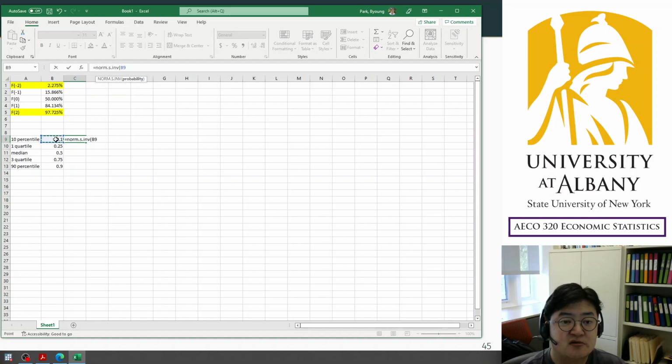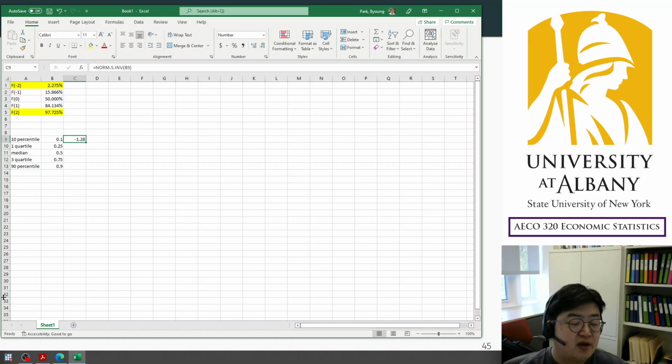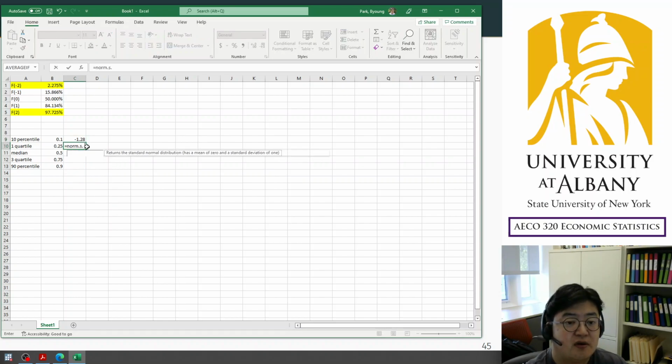So I'm going to enter this one, like this. Then the 10th percentile of a standard normal distribution is -1.28. Usually, we will cut off at the second decimal place. And similarly, NORM.S.INV and probability.